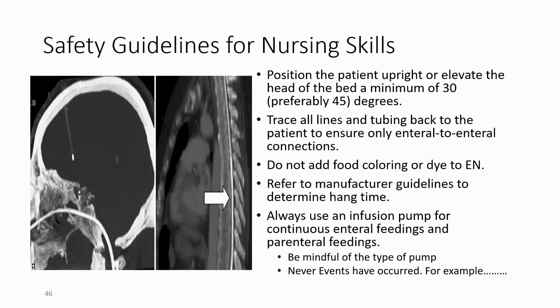So, with a patient that is getting enteral feeding, we want to make sure we position their head upright, or elevate the head of the bed at minimum 30 degrees, but preferably 45 if they can tolerate that. We want to trace all lines and tubings back to the patient to ensure only enteral to enteral connections are occurring. We don't want to add any food coloring or dye to the enteral nutrition feeding.